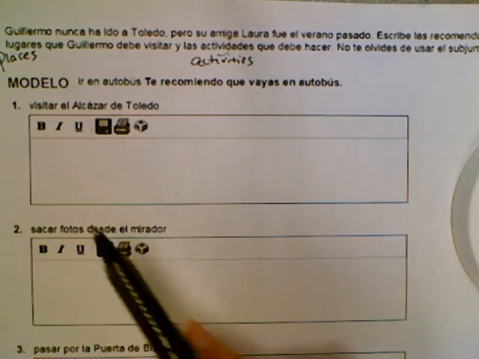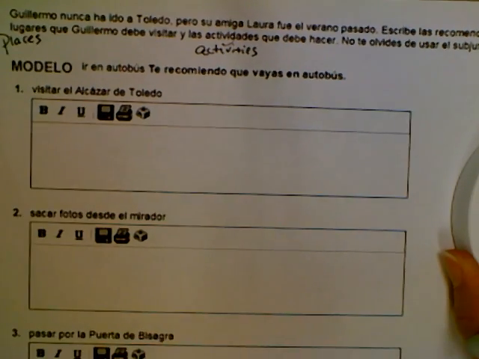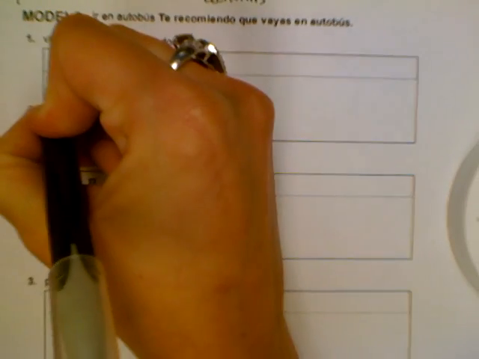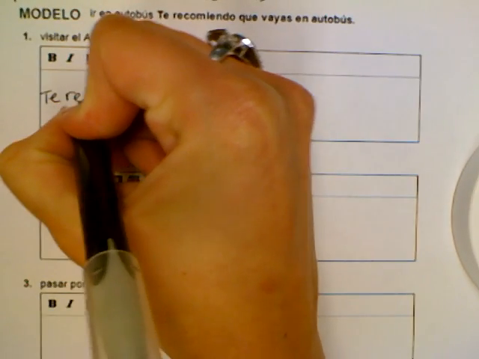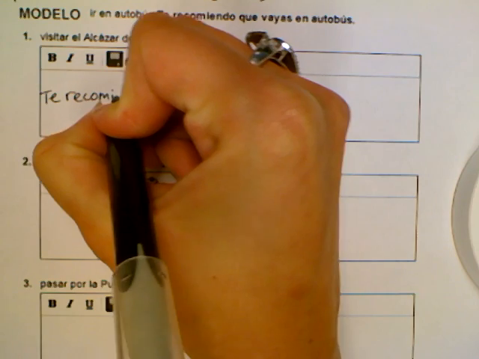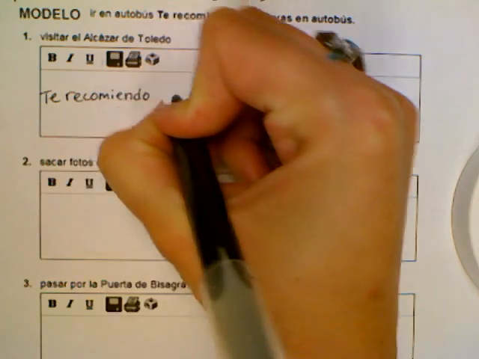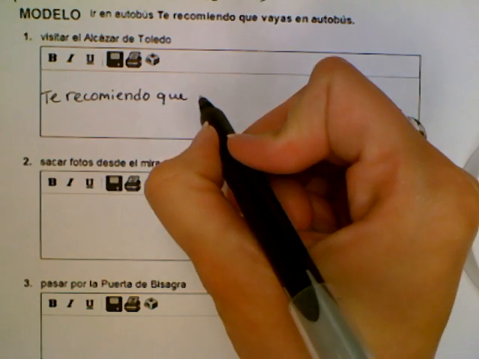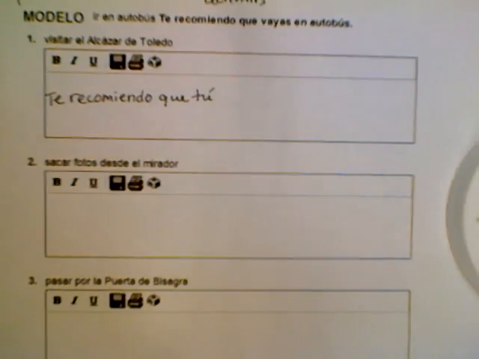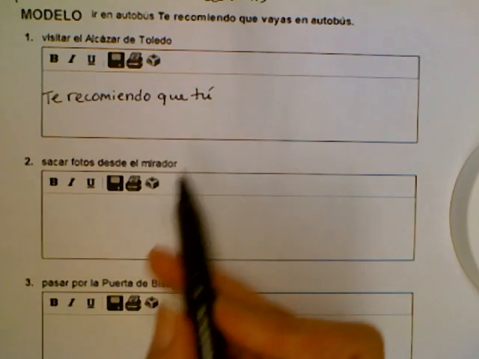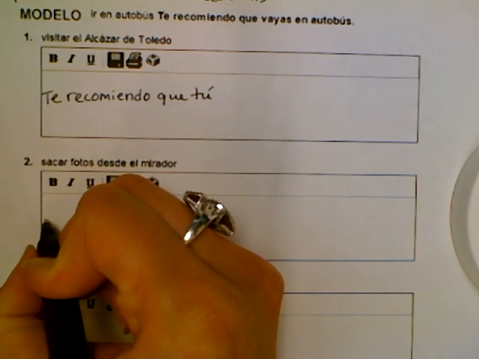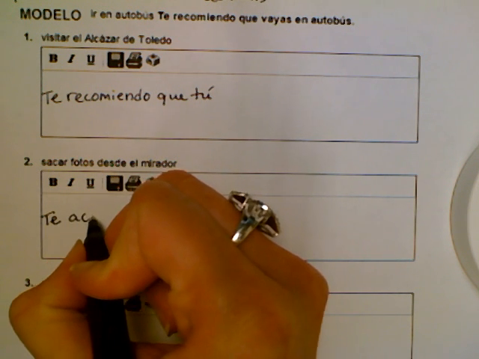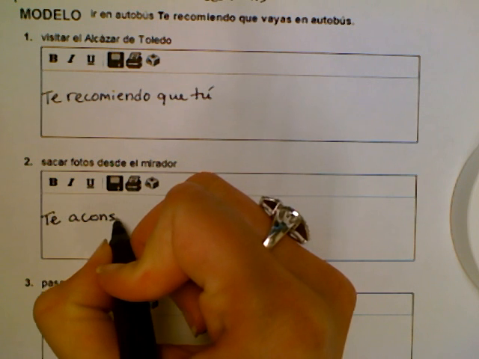Okay, primero, si yo fuera tú, yo pondría te recomiendo. I would put my main clause first, and I'm also going to put the tú pronoun para que no te olvides, so that you don't forget. Te aconsejo, I advise.